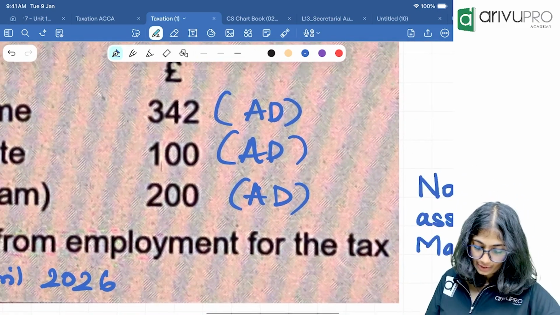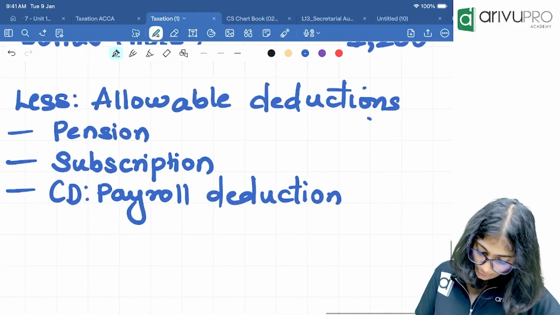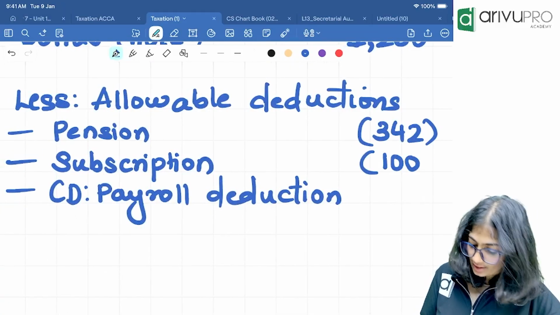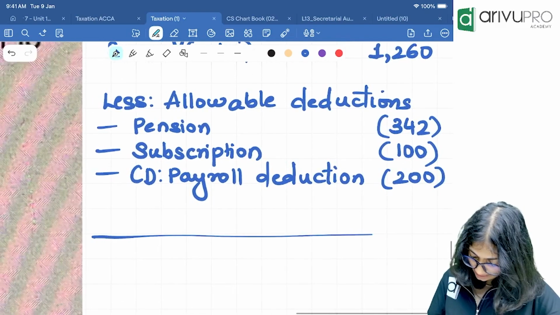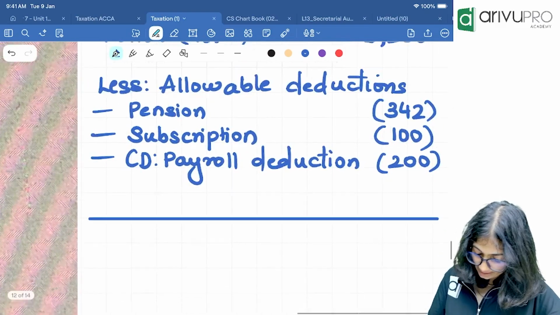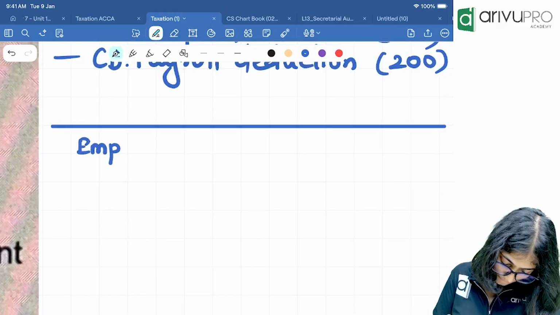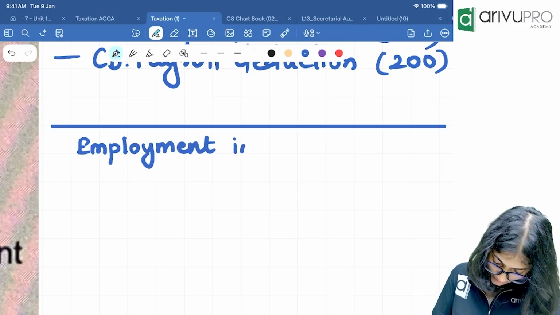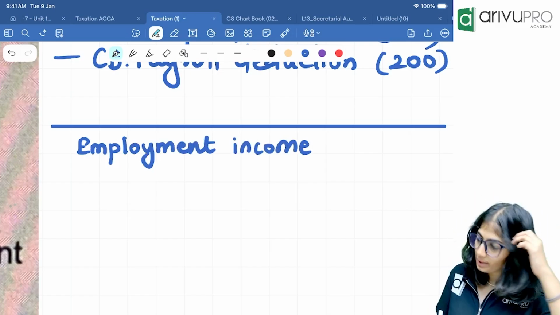So what is the amount here? 342, 100 and 200. 342 is going to be deducted, 100, 200. Simple. After that, we'll get our employment income that is assessable to tax. That is the employment income that you put in the pro forma, right?